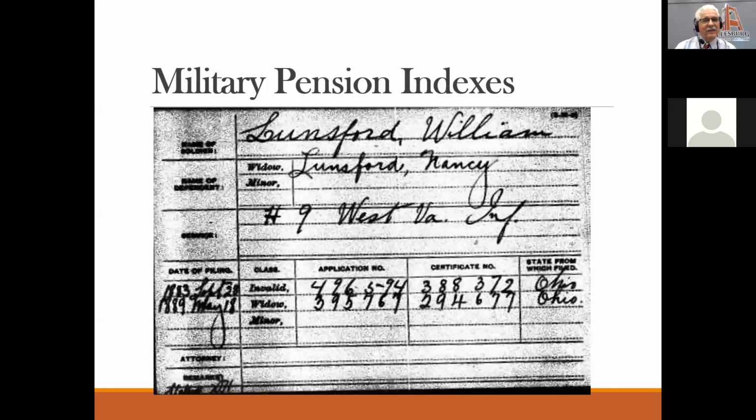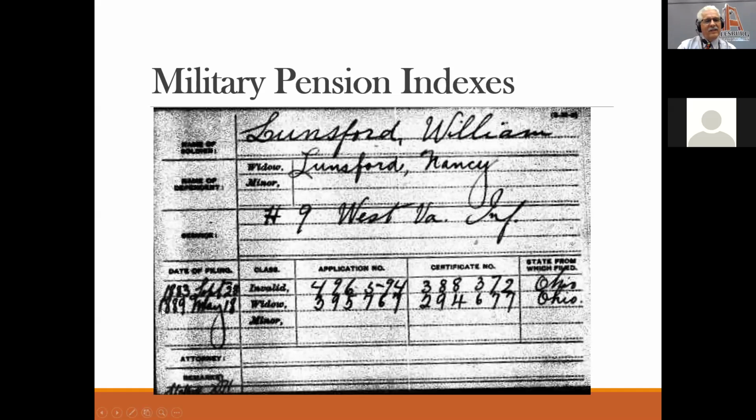Another thing is military pension indexes, and this is a federal pension, and it gives you the name of the veteran, his widow, so you already know she's a widow, and it tells you which unit he was in. He was in the 9th West Virginia Infantry, and down here it says that's the original date, 1883, of when William applied for his pension, and that's his application number, certificate number, and where he was living when he filed.